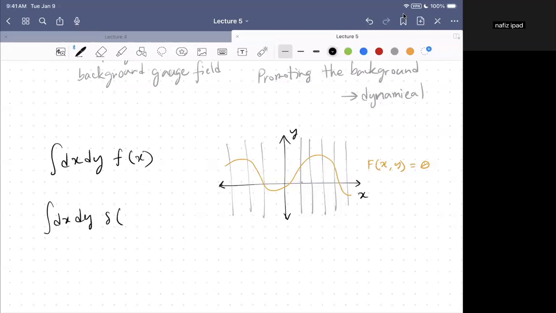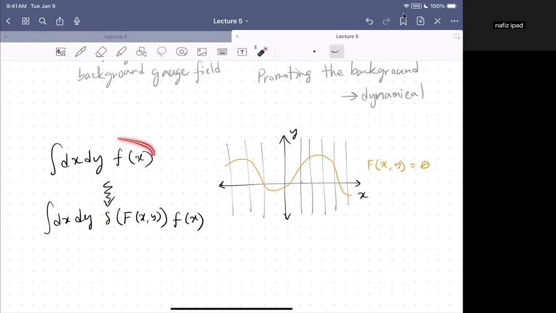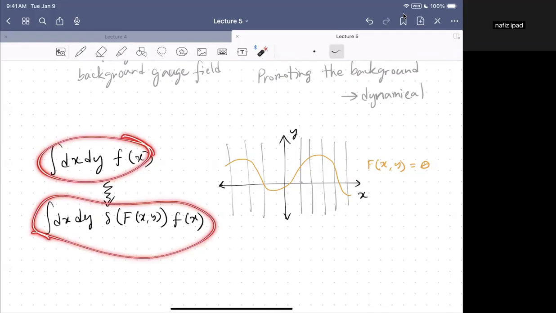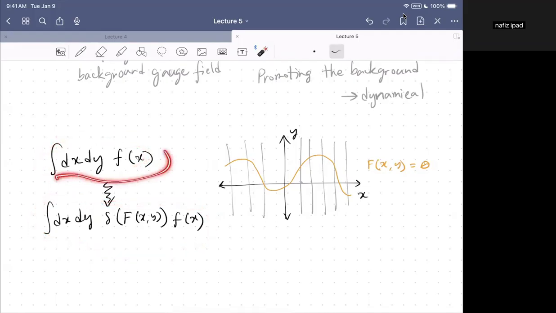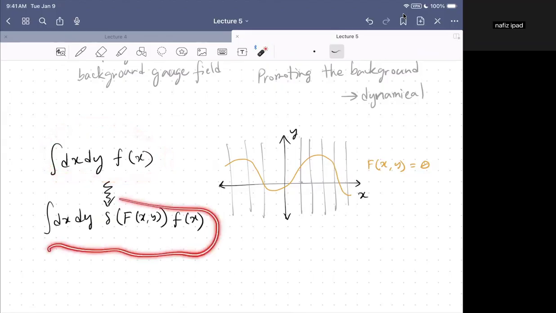Insert a delta function that is supported on the zeros of this function. Okay, so this is a modification. I mean, this integration is not equal to the original integration. Our logic is that we shouldn't have started with that integration at all. Rather, this is the kind of thing that we want to do. But let's check what we get by doing this integration.